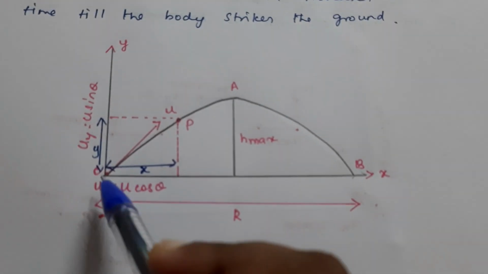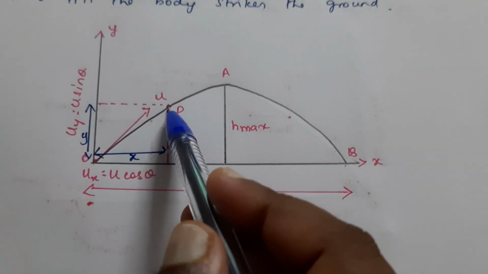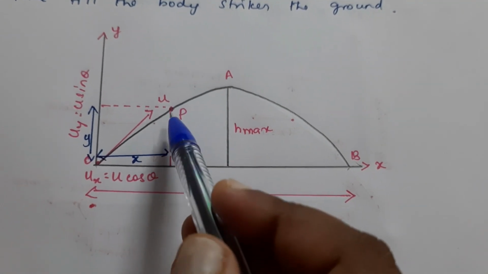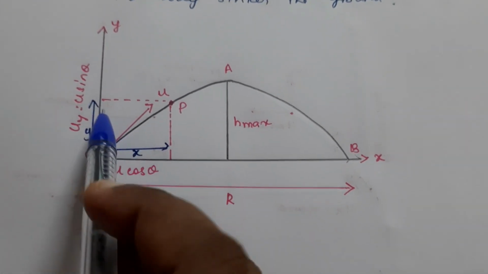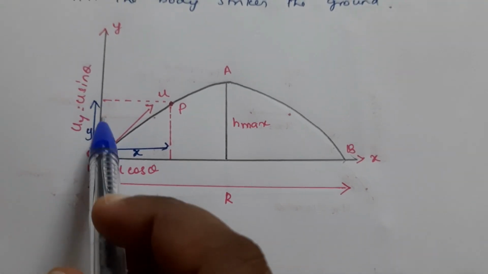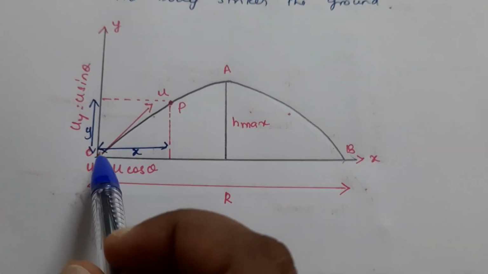Now after the time t, the particle reaches the point P. The horizontal distance traveled by the particle is x and the vertical distance traveled by the particle is y.